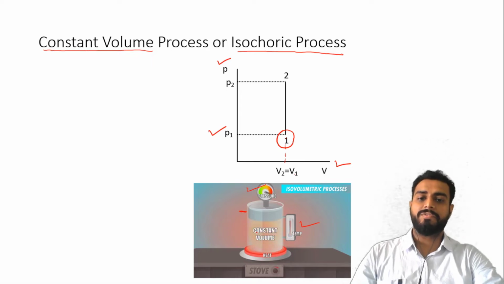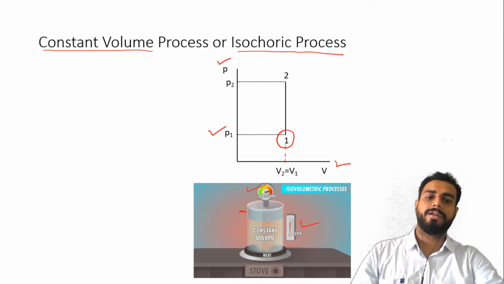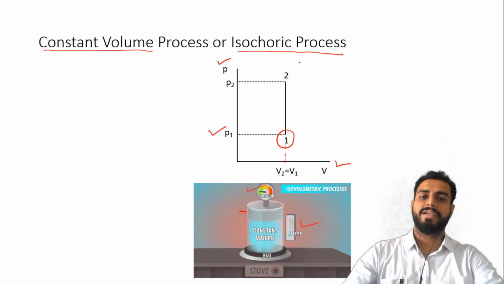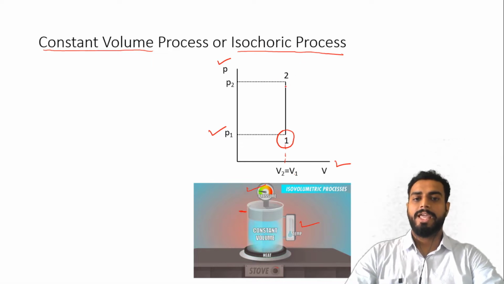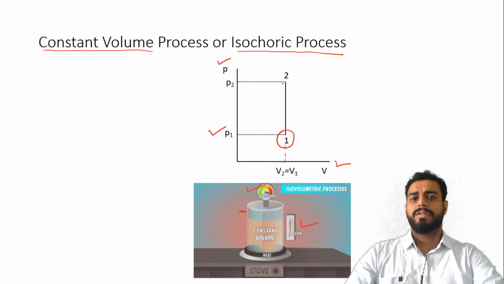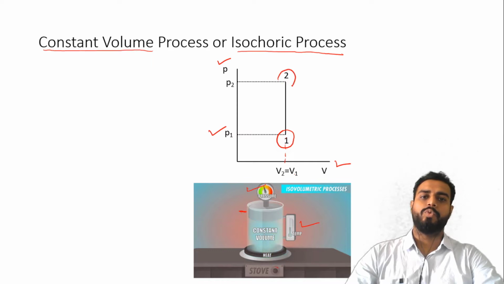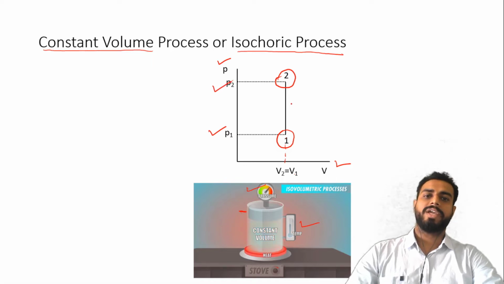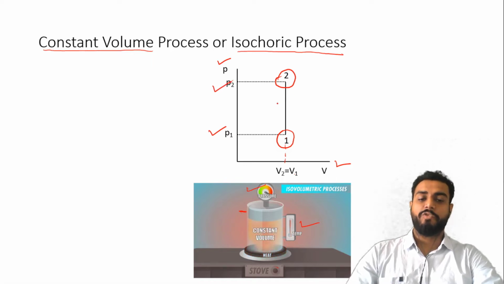Now as soon as we supply the heat, and after let's say 1 minute, let's say 9:01 AM, the state is 2. At this particular state 2, the pressure will be denoted by P2, and you will appreciate that the volume has not changed because the volume is constant.